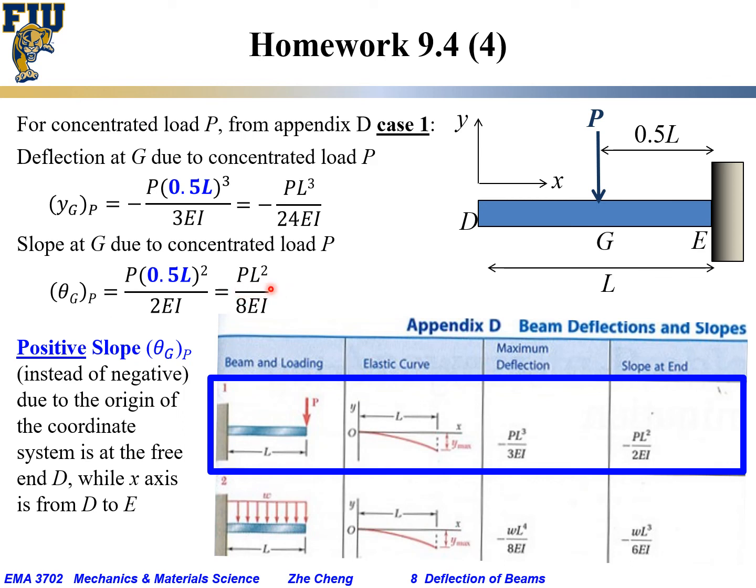And here, instead of using L, we use the practical distance of half L, so 1 over 2 squared is 1 over 4, times 2 is 8: PL squared over 8EI. Again, the positive slope is due to the origin of the coordinate system being at the D point, at the free end, and the axis going from D to E.